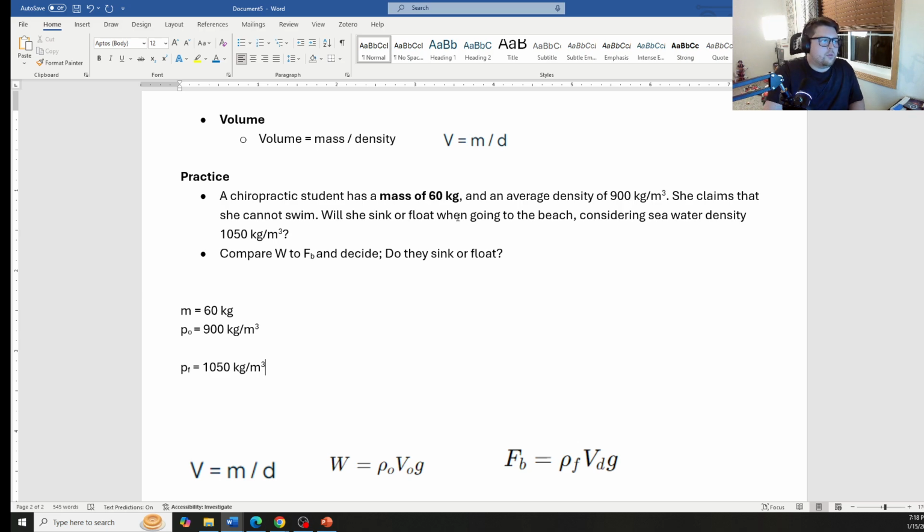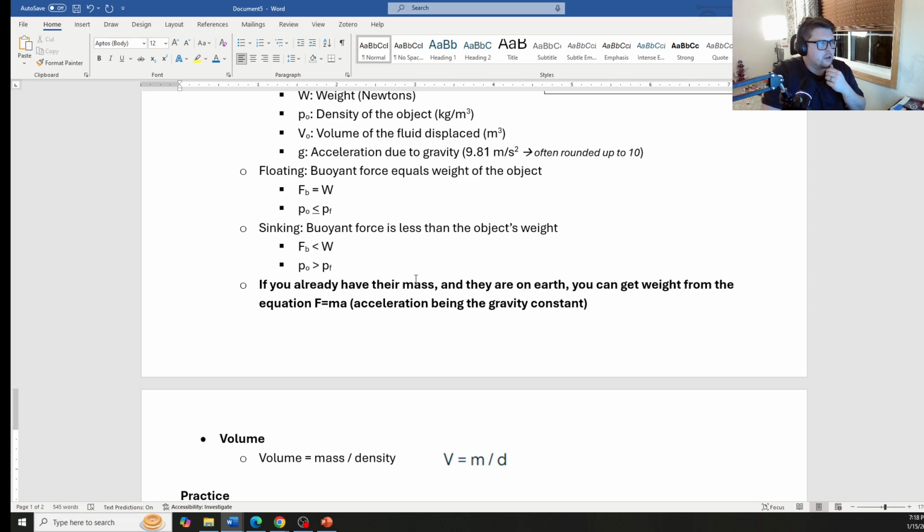So what we're looking at, and actually I skipped this step just a little bit, looking up here. For floating, our buoyancy force will equal weight, or our object's density will be less than or equal to our density of water.